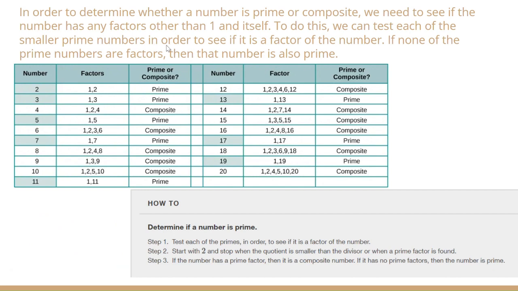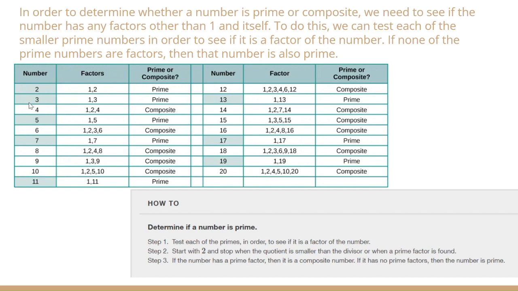In order to determine whether a number is composite or prime, we need to see if the number has any factor other than 1 and itself. To do this, we can test each of the smaller prime numbers in order to see if it is a factor of the number.